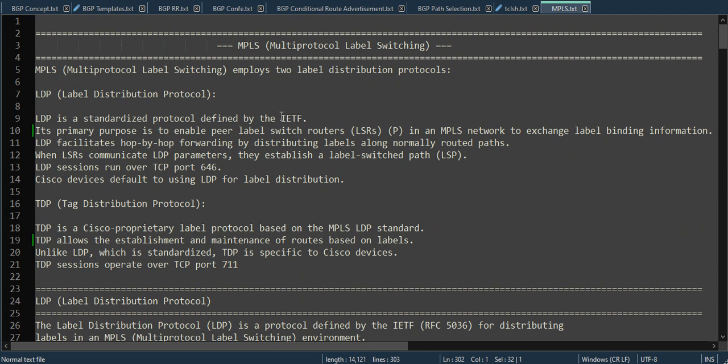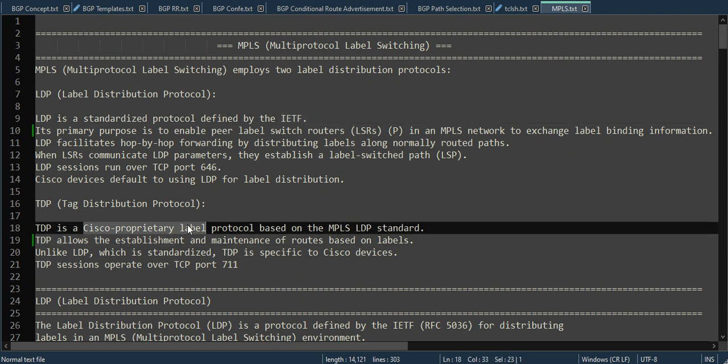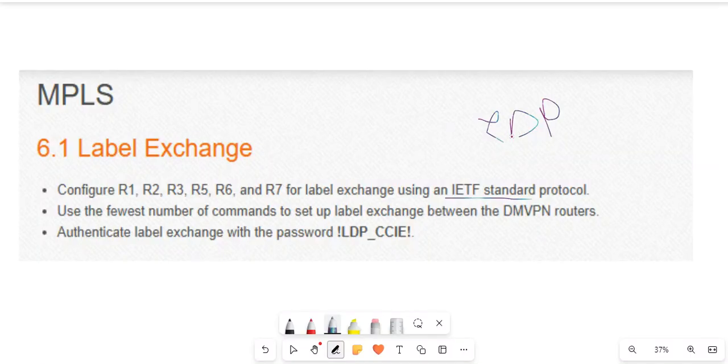LDP is IETF, TDP is Cisco proprietary. We have to use LDP and use the previous commands to set up label exchange between the MPLS routers, and authenticate the label exchange with a password.